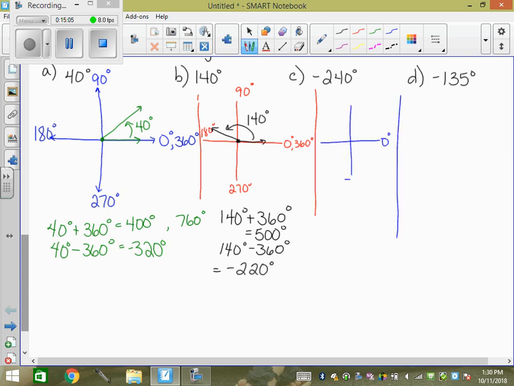I'm not sure why you guys are talking. Negative 90, negative 180, negative 270, negative 360. 240 is either 60 more than 180 or 30 less than 270, so it's here.